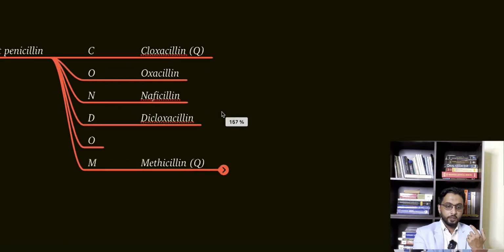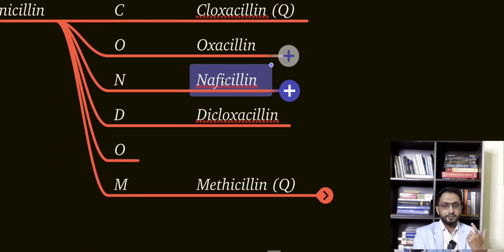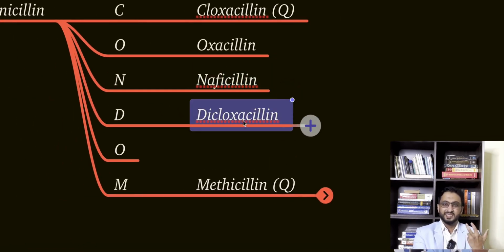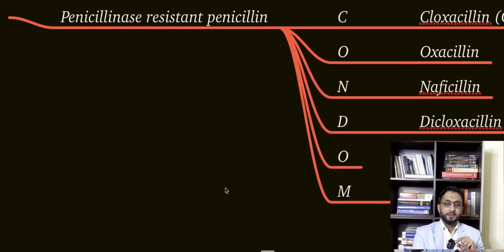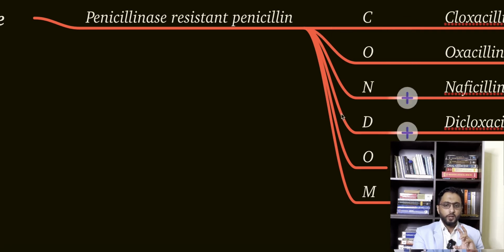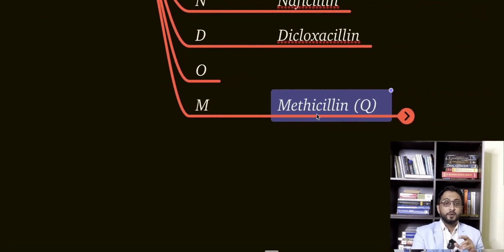Now, cloxacillin, oxacillin, nafcillin, dicloxacillin, same thing, and methicillin. This methicillin is very, very important. I told you about MRSA, methicillin resistant Staph aureus. All these agents were penicillinase resistant. Then Staph aureus started producing methicillin resistance, so even methicillin was not effective.